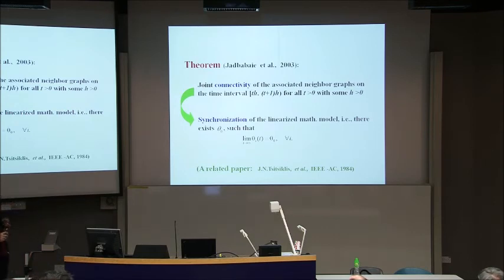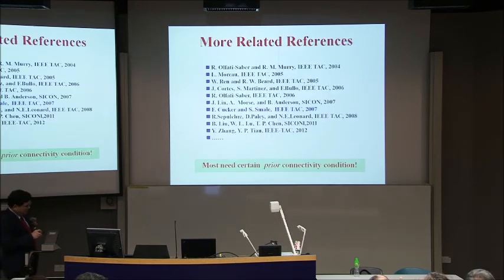This result states that if the system is jointly connected, that is, the associated neighbor graph on the time intervals is jointly connected, then you will have synchronization. Synchronization means the headings of all agents converge to the same direction. So what's the problem? I will explain.